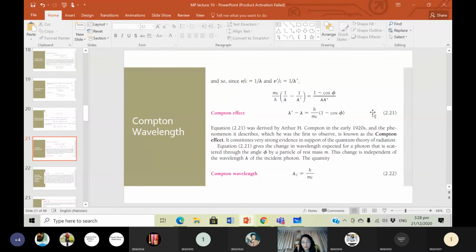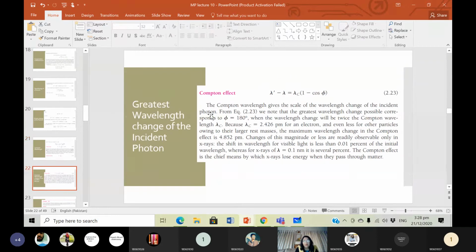So equation 2.21 gives the change in the wavelength expected for a photon that is scattered through an angle phi by a particle of rest mass m. So if the electron has rest mass m, then this is the relation between the two lambdas in the Compton effect. The quantity h over mc we call lambda c, which is known as the Compton wavelength.